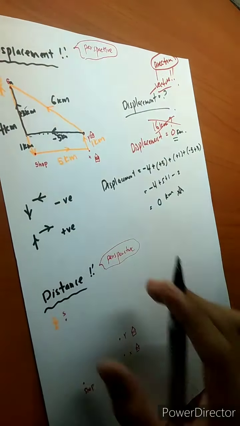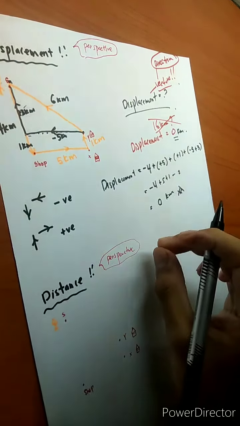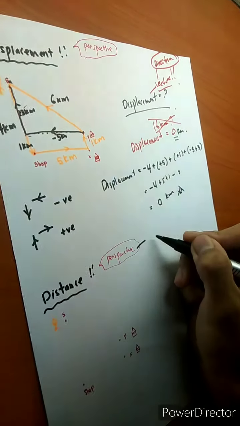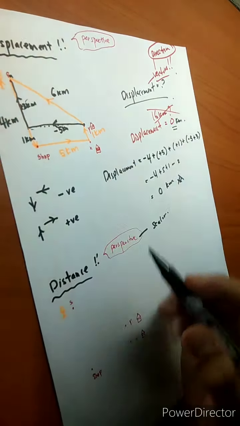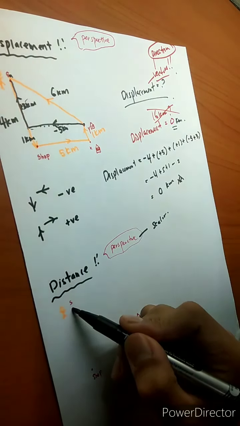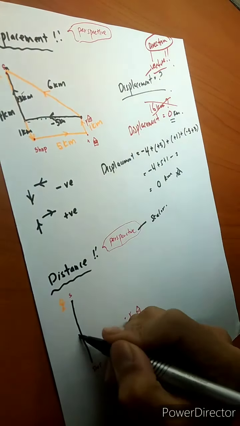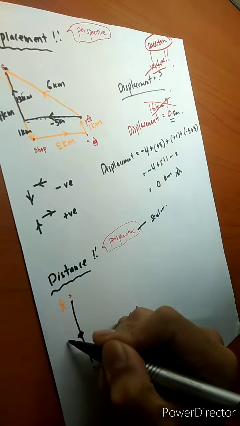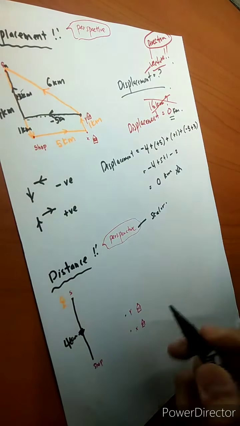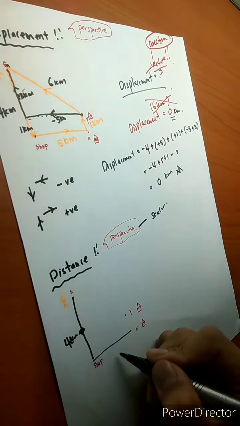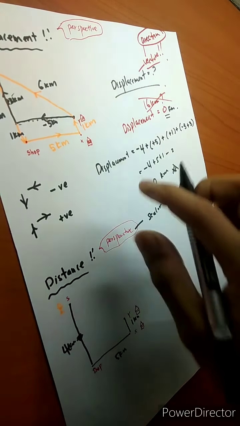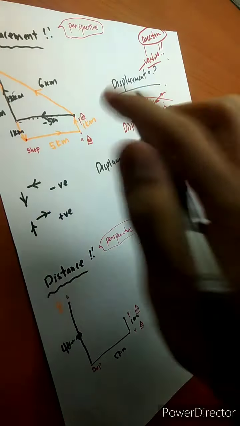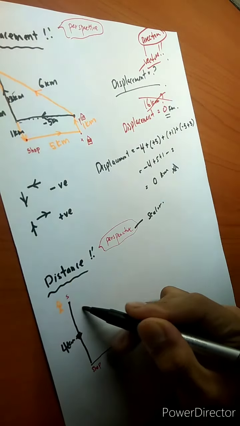When we look at this from the distance perspective, the scalar perspective, it is a scalar quantity because it is distance. So from starting point to shop is 4 kilometers, and I don't have to indicate the direction. Then 5 km to here, 1 km. Suppose this path is the same, but my drawing is bad.